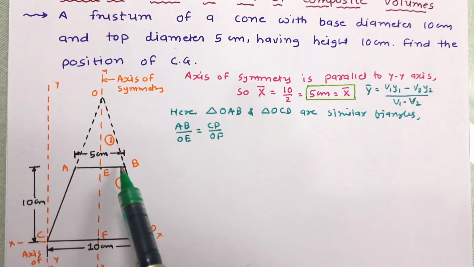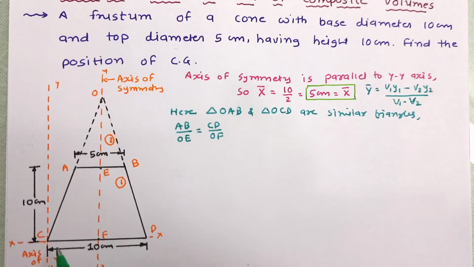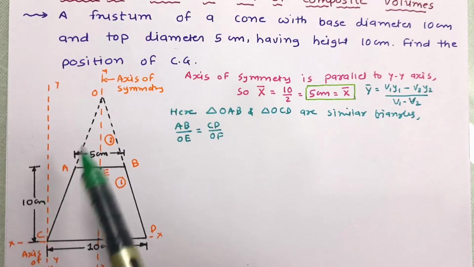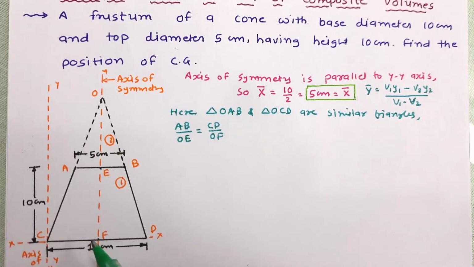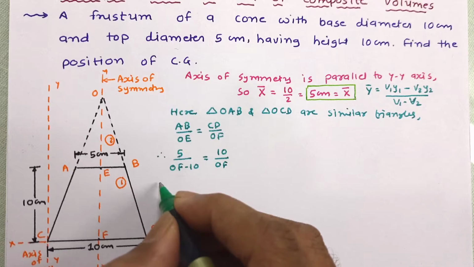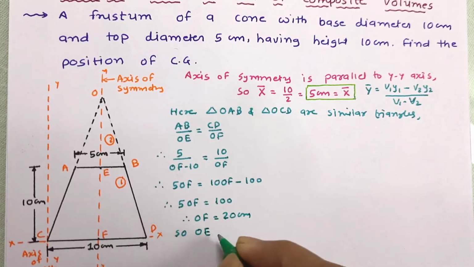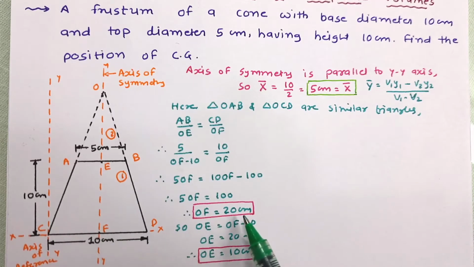Now we can write OE in terms of OF. OF is the total dimension. If we deduct 10, then we get OE. So instead of OE, we can write OF minus 10. Now let us simplify it. On simplifying, OF has been obtained as 20 cm and OE has been obtained as 10 cm.